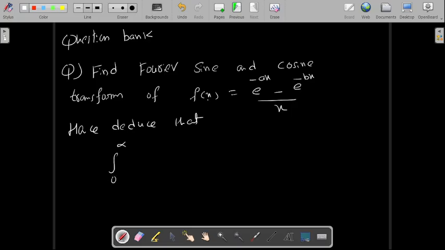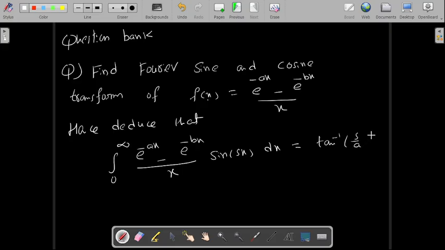integral 0 to infinity e power minus ax minus e power minus bx by x sine sx dx is equal to tan inverse s by a minus tan inverse s by b.